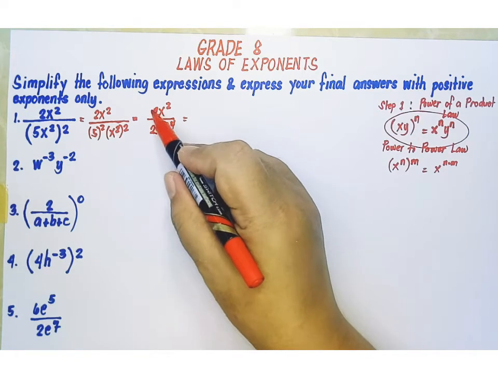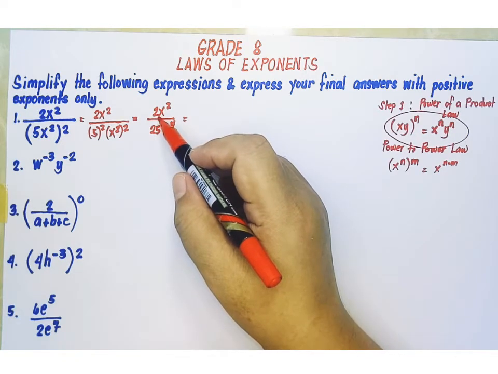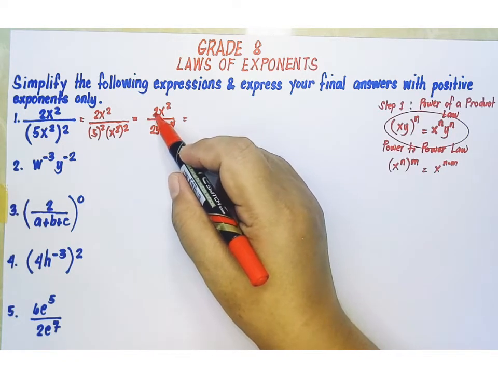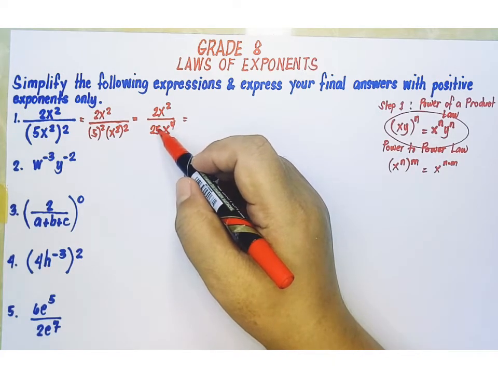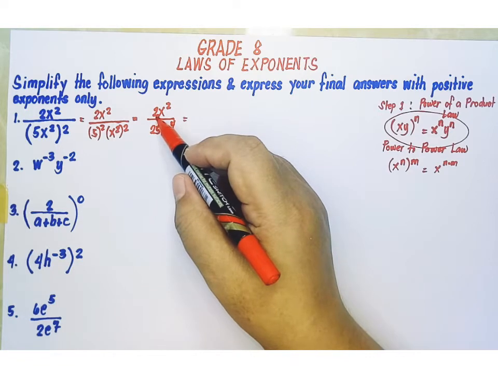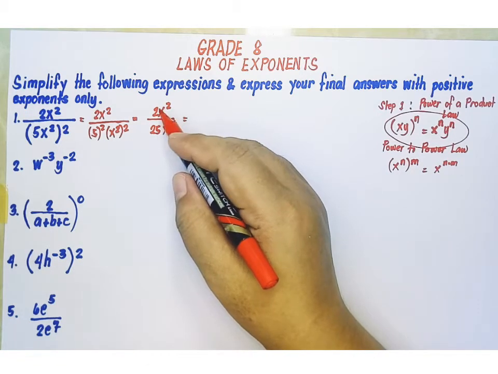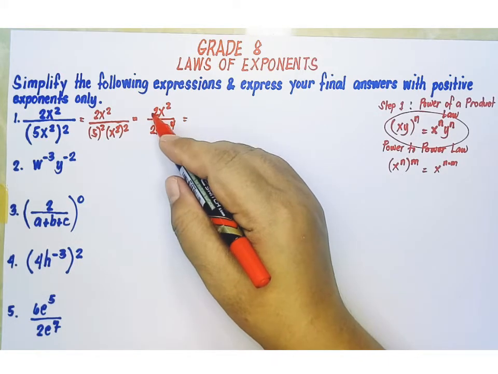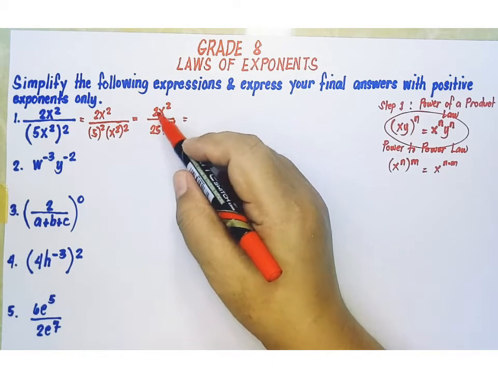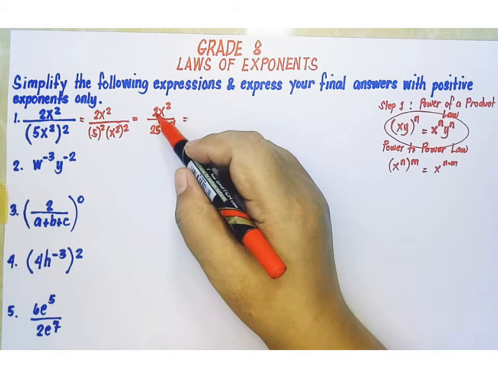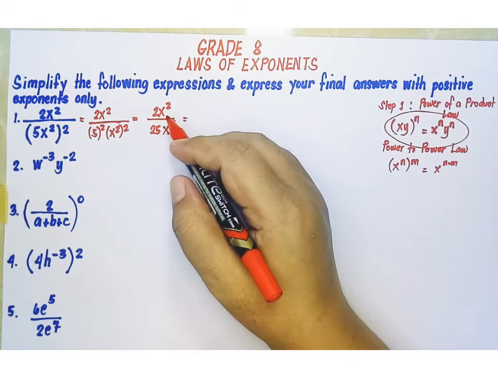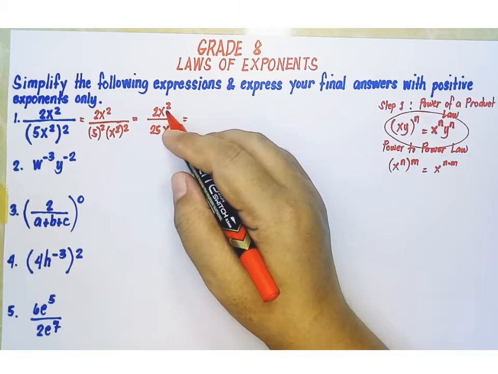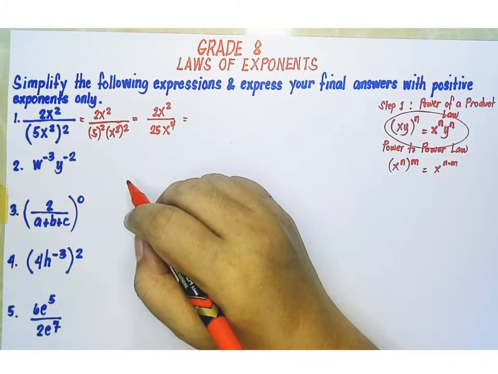Kapag meron kang numerical coefficients, parang elementary yan. We have a fraction 2 over 25. I-check mo, is it reducible? Hindi na. So, in case yung fraction mo is reducible, mag-reduce ka rin. Parang elementary. You always have to express fraction into simplest form or lowest term.